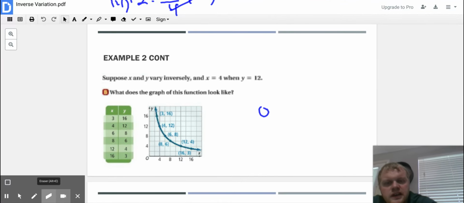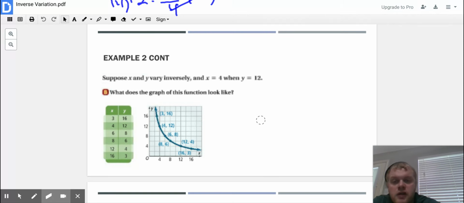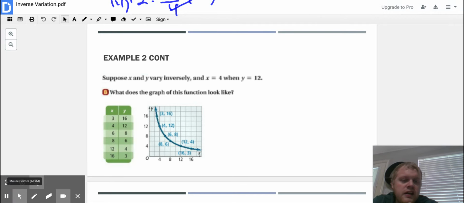Same equation. Now they're asking us a different question. What does the graph of this function look like? All we would have to do, guys, is go to our y equals and type in 48 over x. If they ask for a table, you can go to your second graph, and I should pull up the table for you. Or if they ask you to graph it, it's the same thing.